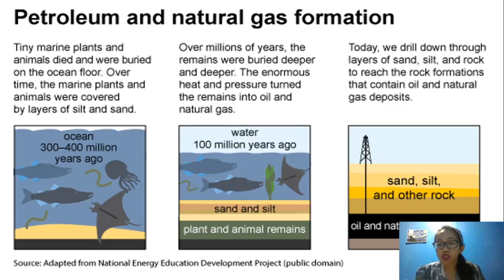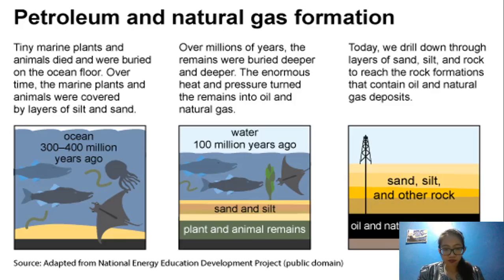Sometimes the ocean is still there, so we have to drill through the water and into the ocean floor. But sometimes there are areas where the ocean is no longer there, but the earth underneath still contains oil and natural gas deposits. So those are the sources where we tap and harvest or mine our energy source.